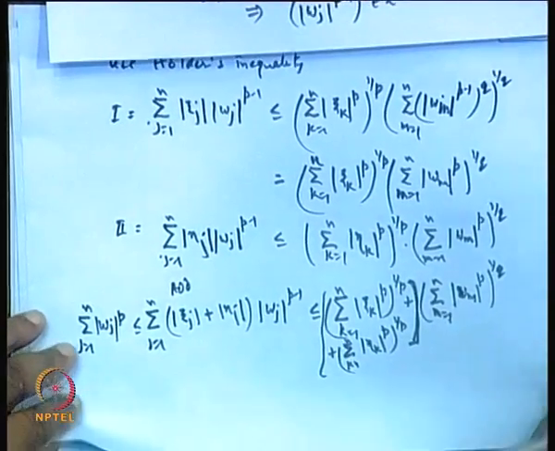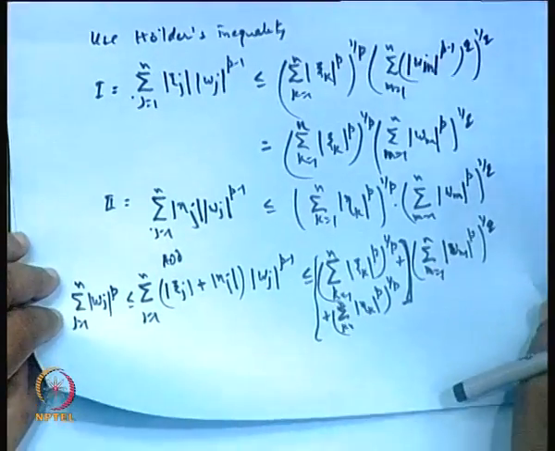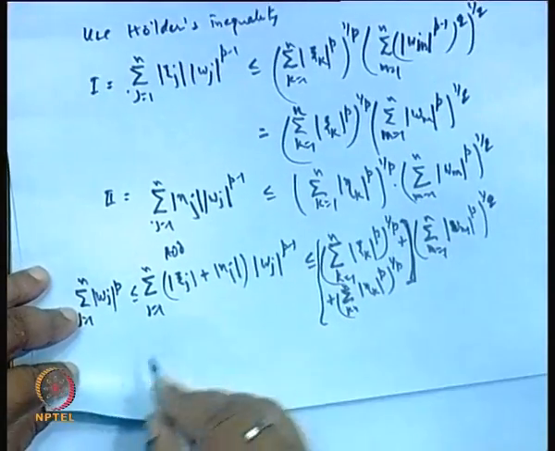So, take the summation and divide, and let n tend to infinity.